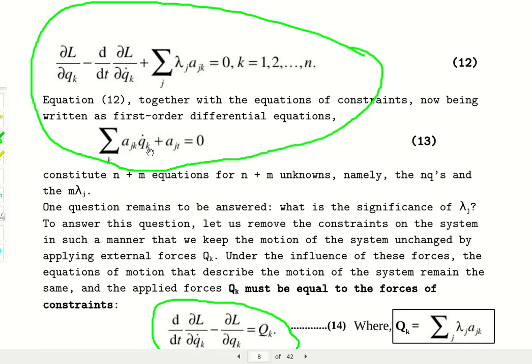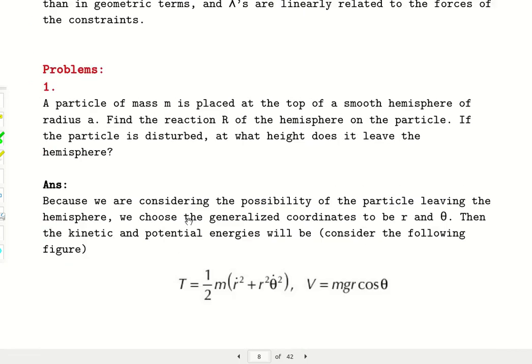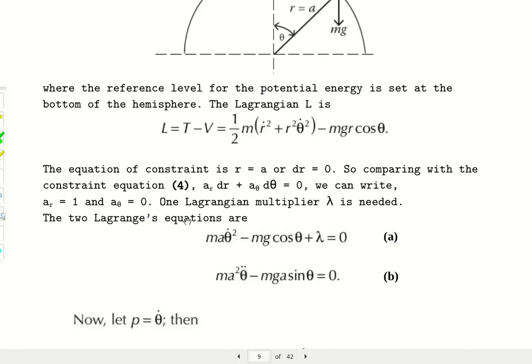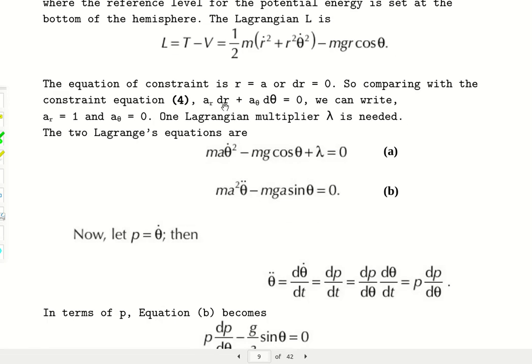So ajk into dr plus ajk into d theta can be written from this generalized equation. So ar dr plus a theta d theta is equal to 0 we get from the differential form of the constraint equation. And if you compare with dr is equal to 0, you can write that ar is equal to 1 and a theta is equal to 0.